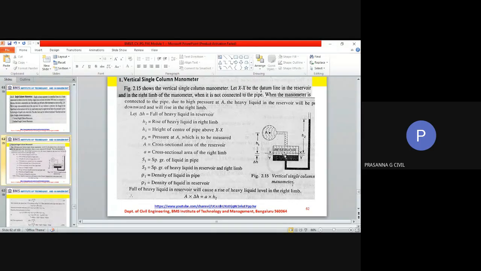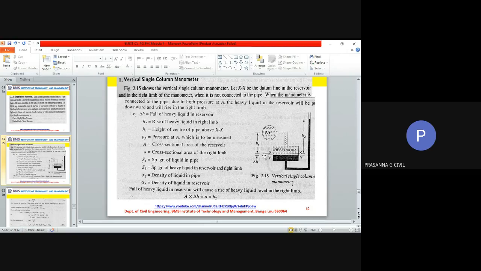Suppose the level drop in your reservoir is given by delta H, meaning small h. So the drop because of the pressure in A: initially it was here, and because of the pressure in the fluid it has come down, and that value is given by delta H. Delta H is the fall of heavy liquid in the reservoir.